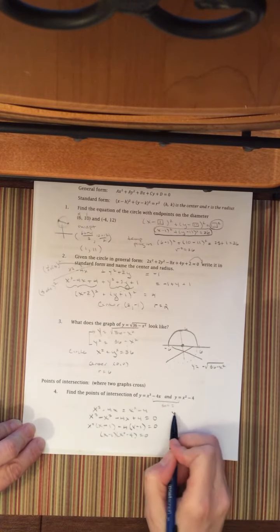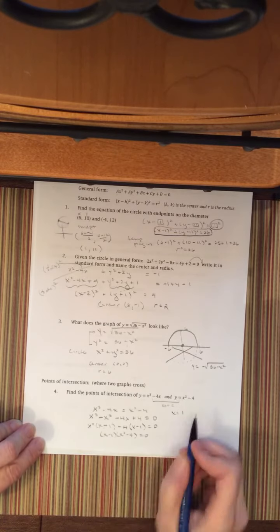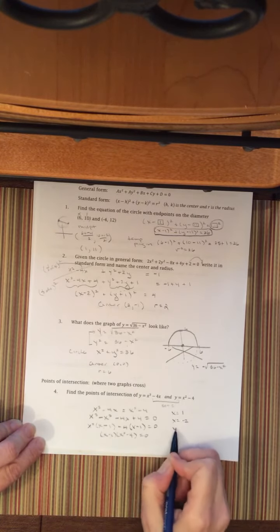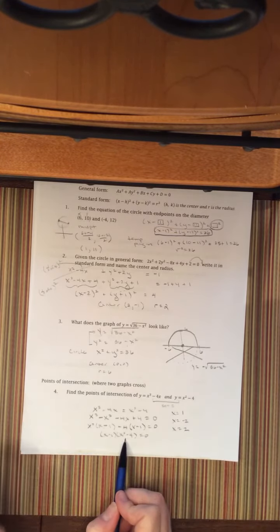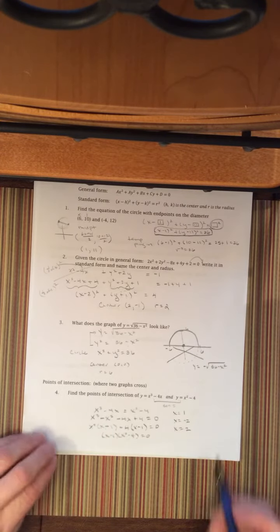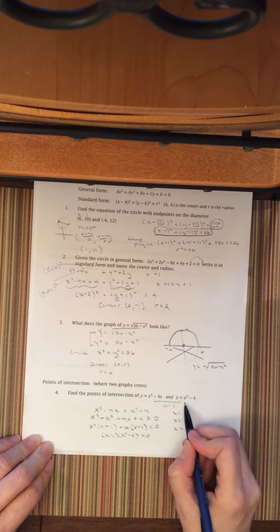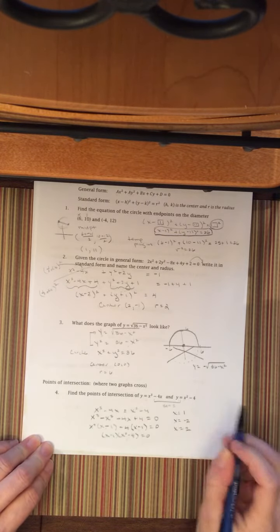So I'm ending up with x equals 1 as a solution here, and x equals -2 or +2 as a solution for x squared minus 4 equals 0. Then all I've got to do is grab the y values that match those x values by plugging into either of the equations. And I'll choose this one because it has a constant.